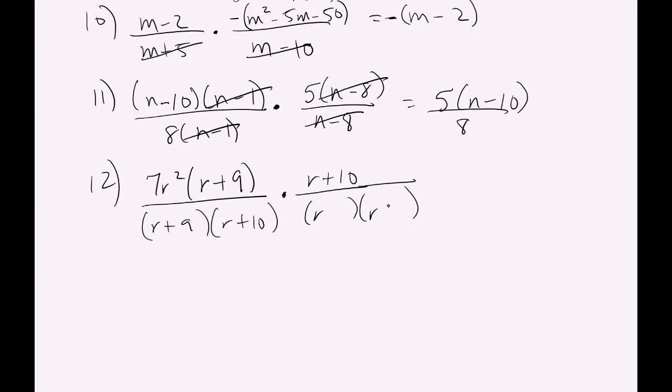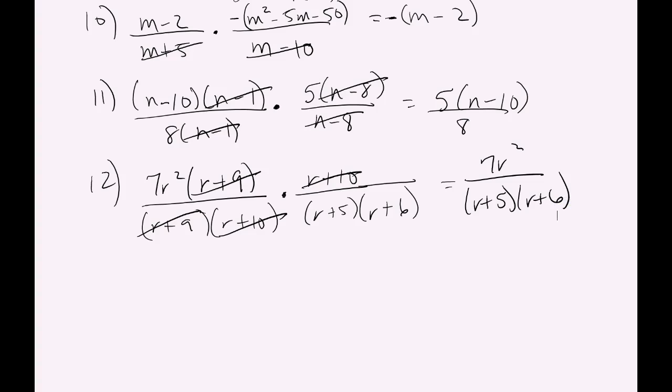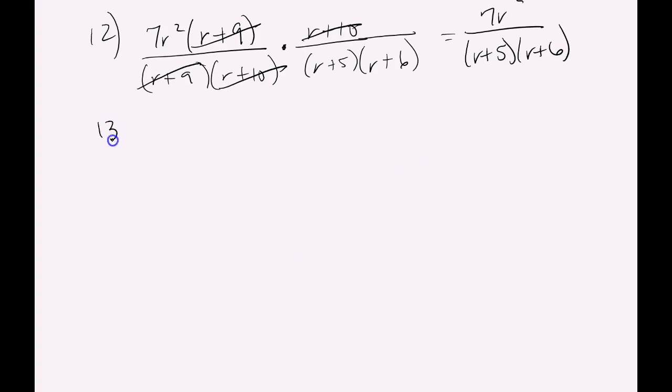So does this factor 30 and 11, is that 6 and 5? 6 plus 5. Okay, cool. So I factored what I could, and let me see if I can cancel something. So gone, gone, gone, gone. Nothing else cancels. So 7r squared over r plus 5 times r plus 6. Cool.